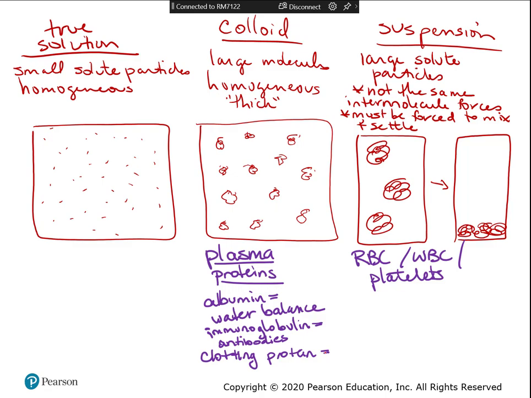If you damage a blood vessel, platelets stick to that torn, damaged blood vessel, which is why you're bleeding, because you've torn a blood vessel, so blood is coming out of that vessel. Clotting proteins help to seal. They create a mesh to stop bleeding, and they're kind of like the final part in the clotting process. So they can help in forming a clot to help you stop bleeding.